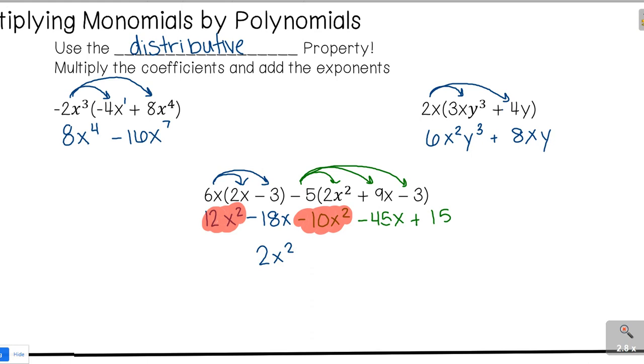And then we have -18x minus 45x. So -18 minus 45 is -63x, and bring down the plus 15. So that is when we have a monomial, one term, multiplying it into a polynomial.